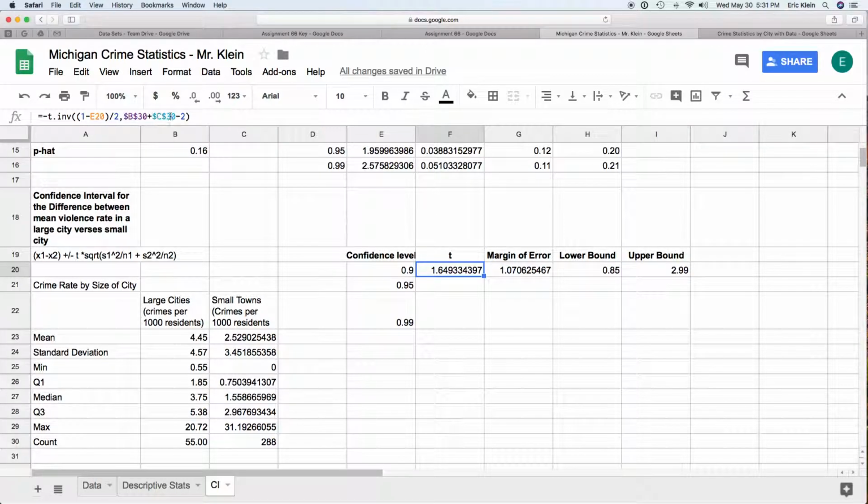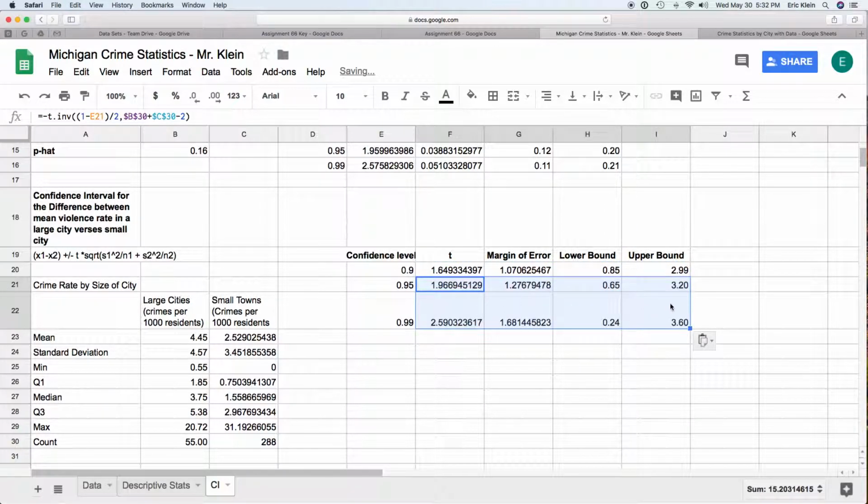I'm going to go and dollar sign everything that I don't want to change. And there's our confidence intervals.